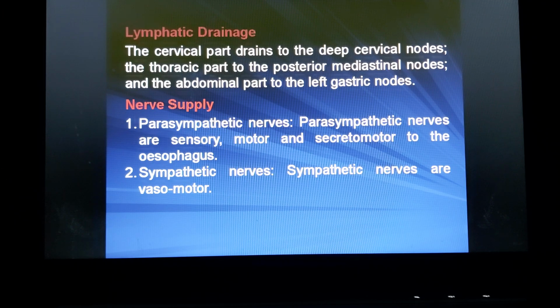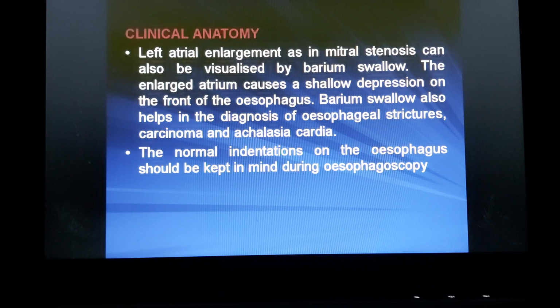Nerve supply: parasympathetic nerves are sensory, motor and secretomotor to the esophagus, and sympathetic nerves are vasomotor in nature. Coming to the clinical anatomy, barium swallow helps in the diagnosis of esophageal strictures, carcinoma and ectasia cardia, and the formation of normal indentations on the esophagus should be kept in mind during esophagoscopy.